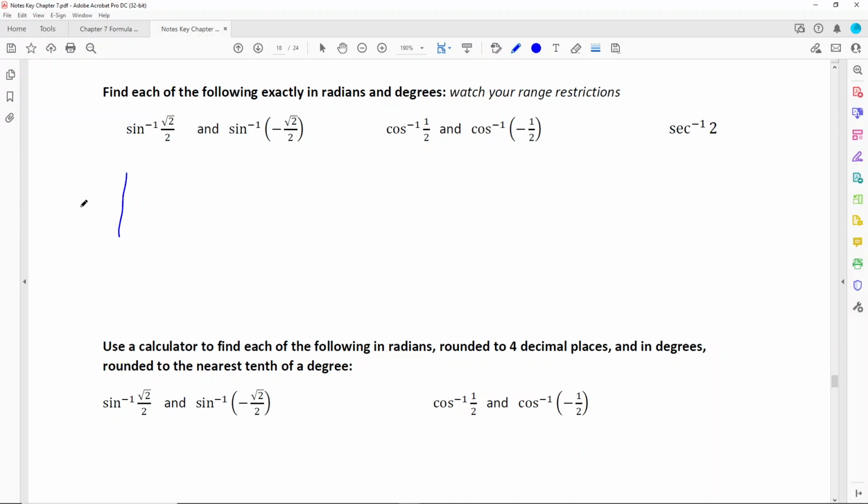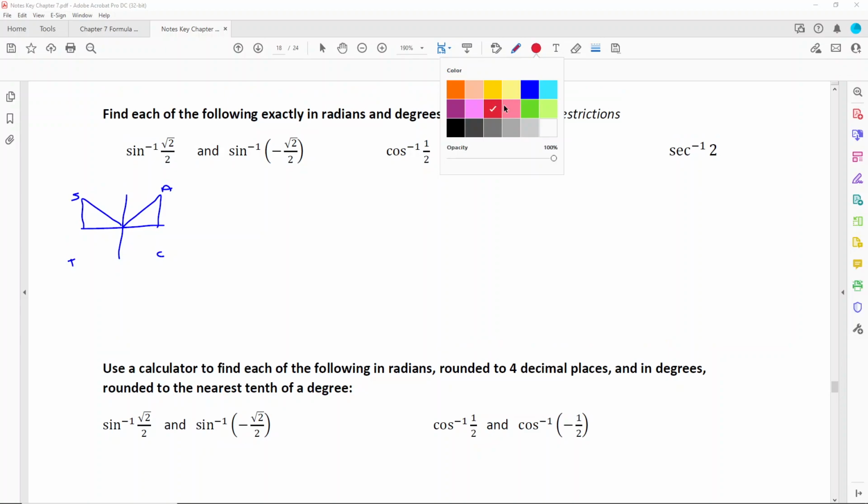So I want to find the angle that will give me a ratio of root 2 over 2. I know that to get a positive ratio, if I was looking at CAST, sine could give me a positive answer in quadrant 1 or quadrant 2. But because I've restricted the range of the inverse, I know to only give the answer in the first quadrant.